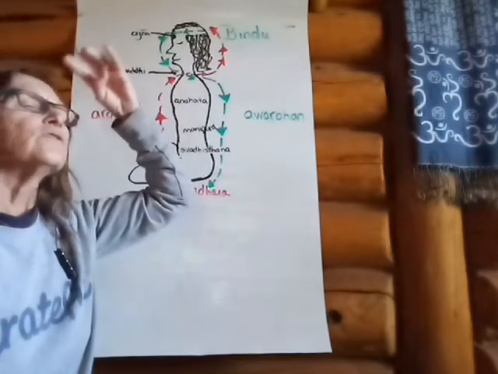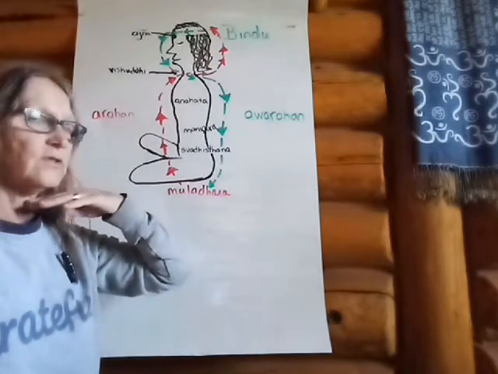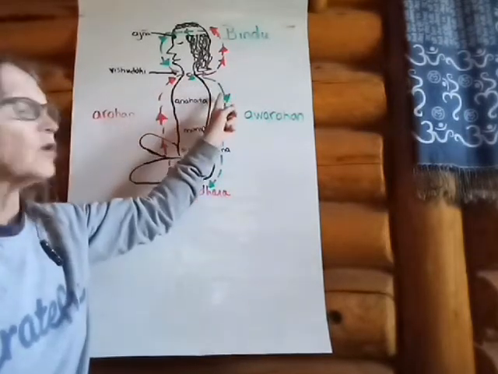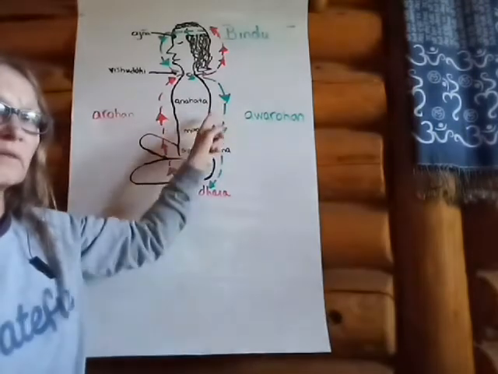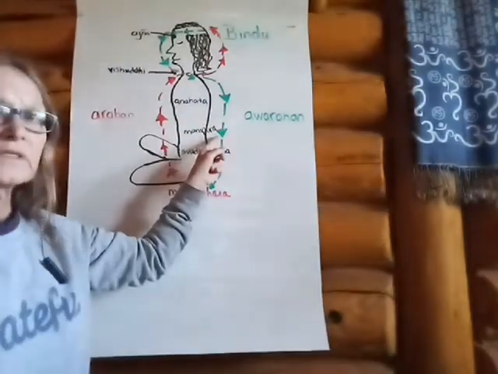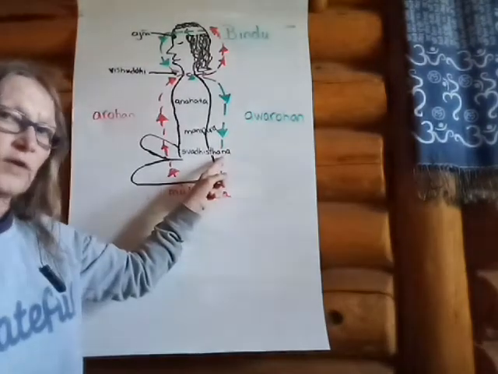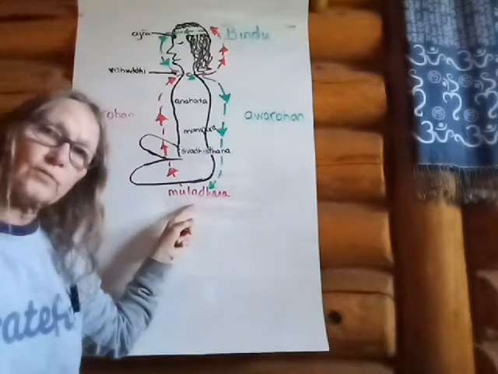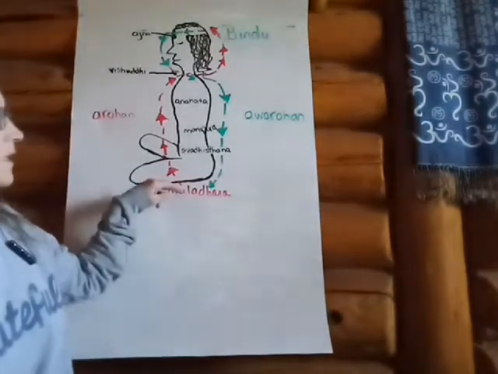Then over to Agnya at the front between the brows, and then the chin is level as you get to the throat. Now your consciousness is moving to the back of the body to feel the heart, Anahata at the back, Manipura, solar plexus at the back, Svadhisthana, sacropelvic at the back, and down to the root, Muladhara. Okay, so that's the rotation of consciousness.